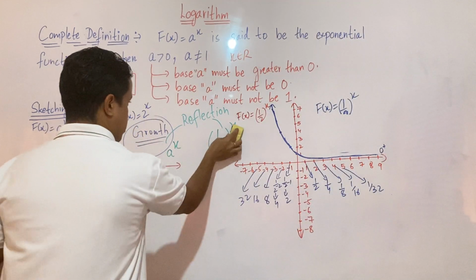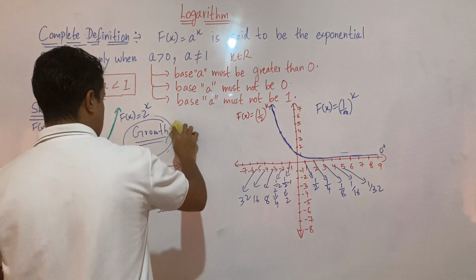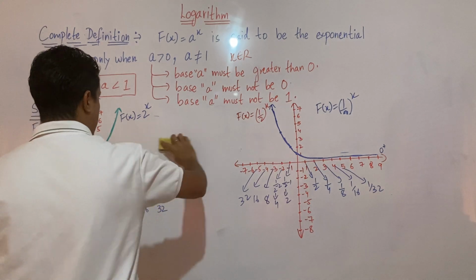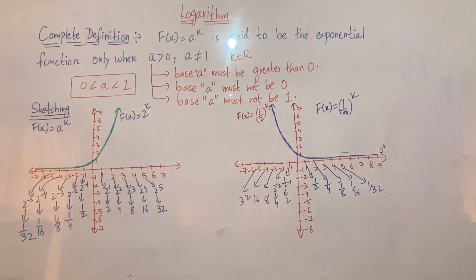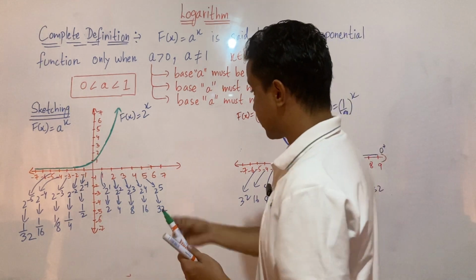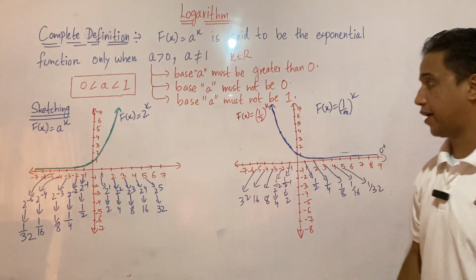Sometimes what happens is that they may ask you to shift the y-intercept or horizontal asymptote. What does it mean? For example, this shows the graph of 2 raised to the exponent x.